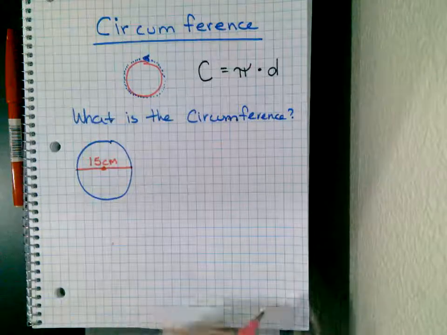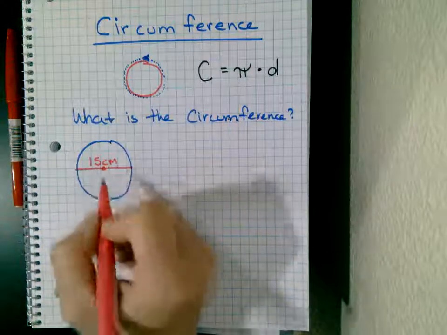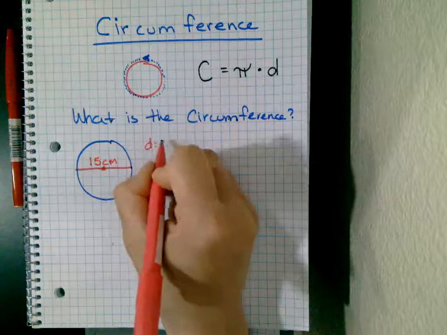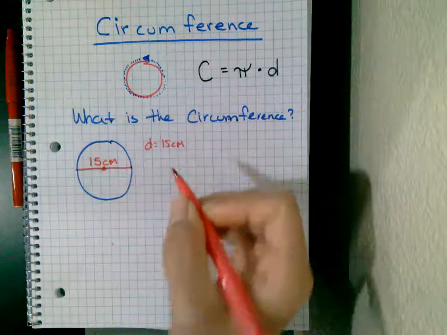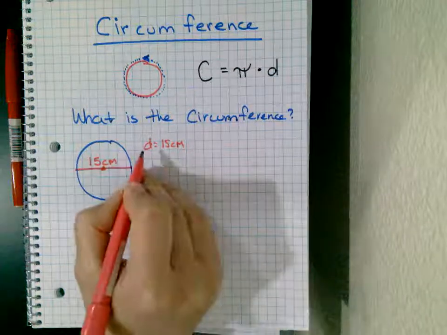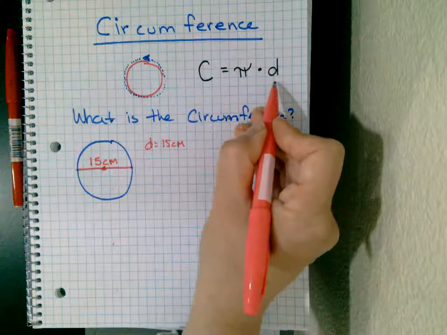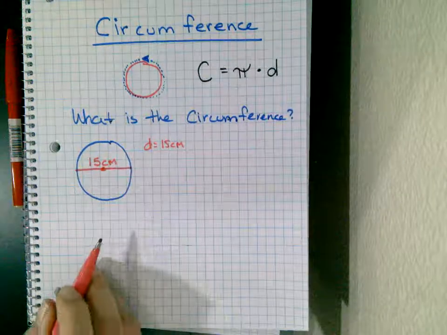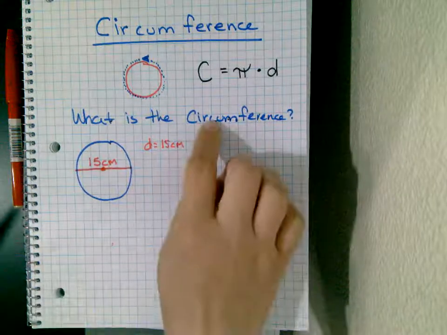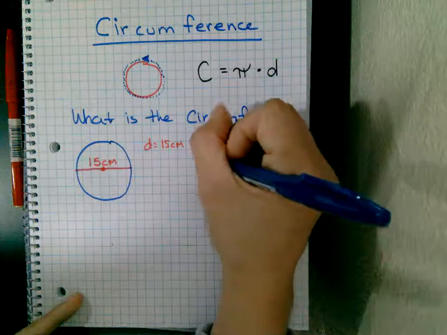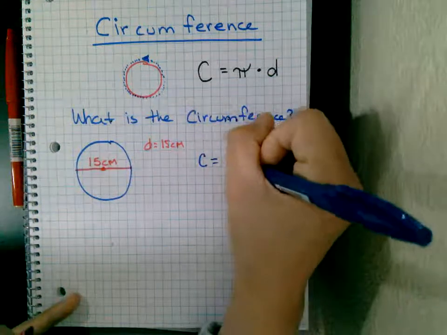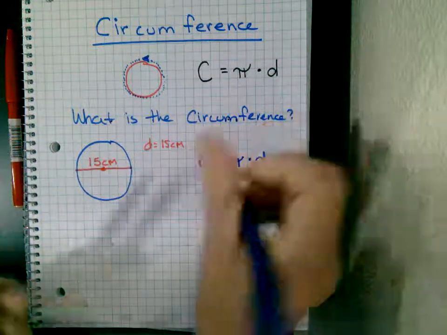So we're given a circle, right? We see that the diameter is 15. So the diameter is equal to 15 centimeters, which is perfect. That's what I need. I need to know what the diameter is. I don't need to know what the radius is because the formula calls for diameter. So boom, I know that diameter is 15. I want to know what circumference is. Well, circumference is equal to pi times diameter.